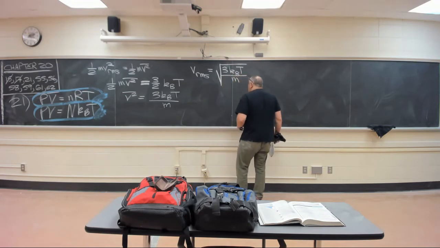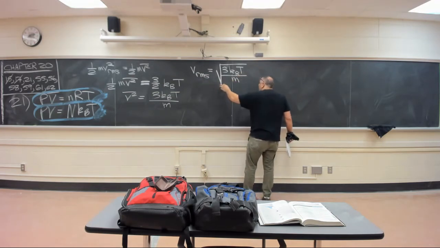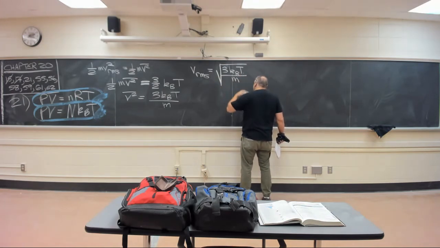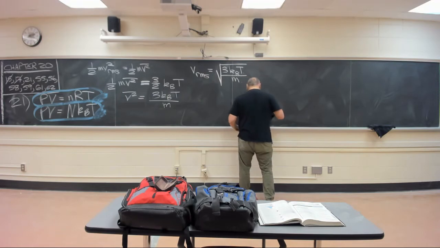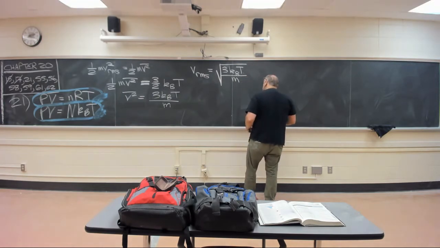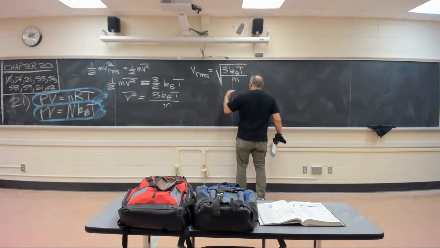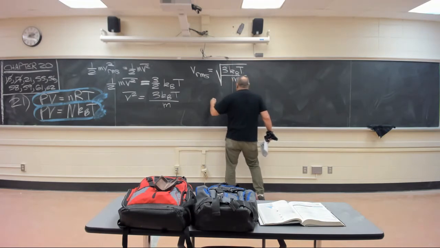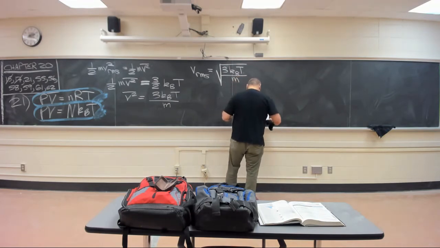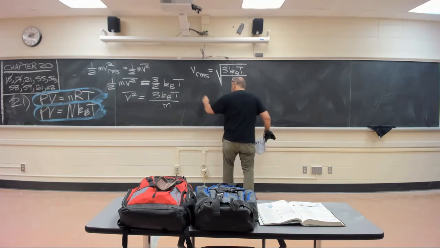Let's try this again. I'm going to solve for T. Let's square both sides. And then let me multiply by m over 3kBT on each side. Forgive me. I will square both sides, then multiply by m over 3kB. Well, this is easier done than said. Let me just not talk too much and just do it.